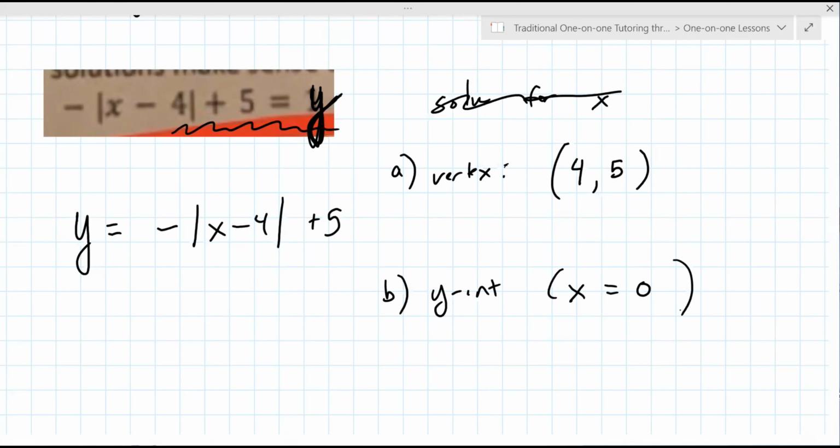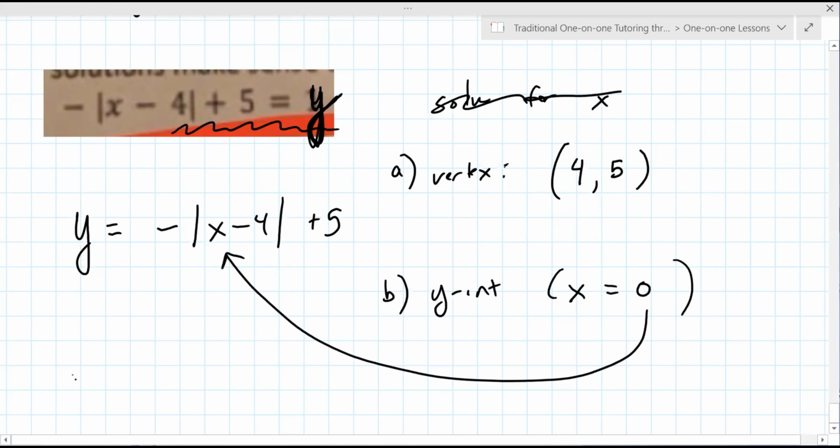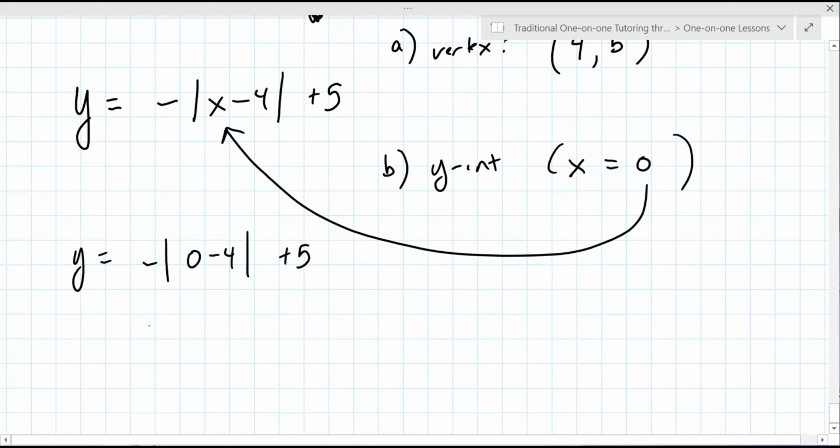So would I subtract the 5? No, you're putting 0 in for x. Wherever you see an x, you put a 0. Minus absolute value of 0 minus 4, plus 5 equals y. Then that's negative 4 plus 5, y equals 9.